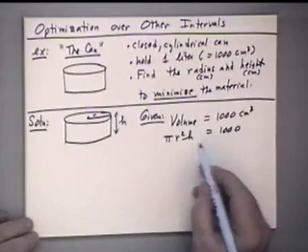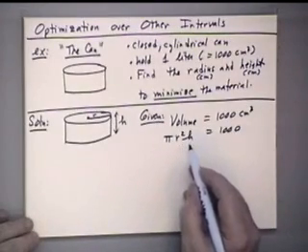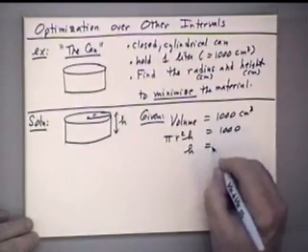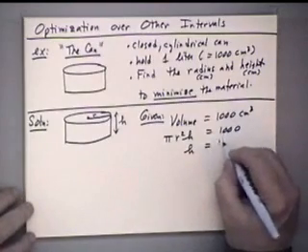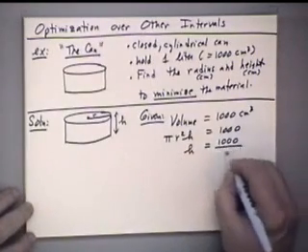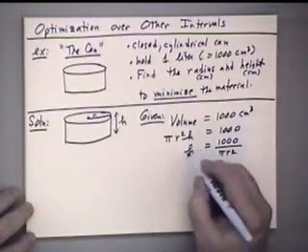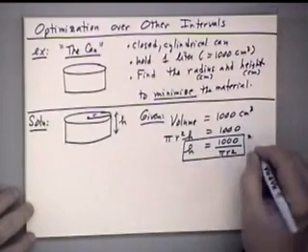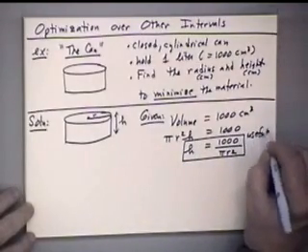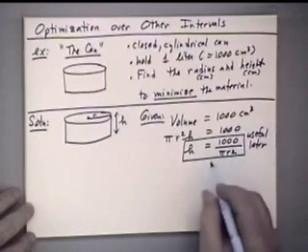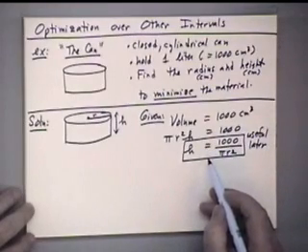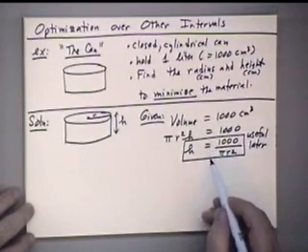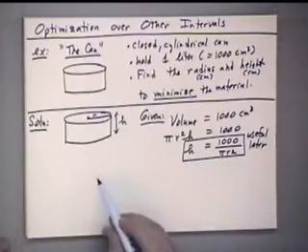Some point down the line, I will probably have to use one of the two variables. Let's hope that it's h that we'll be able to substitute for. So h equals 1,000 over pi r squared. This is the kind of thing that will be useful later, and very often when you're doing these problems, you don't think to do this immediately. You don't think to do this till after you need it. But we'll do it now because we see it.